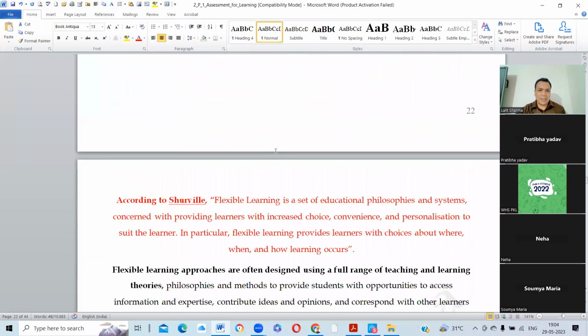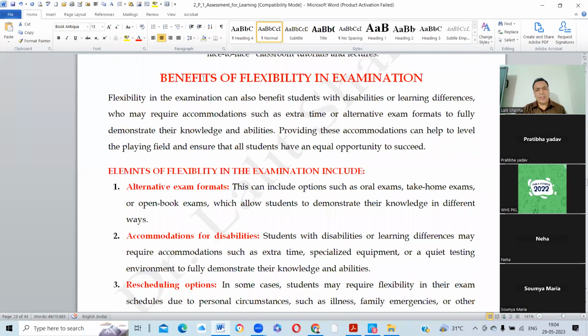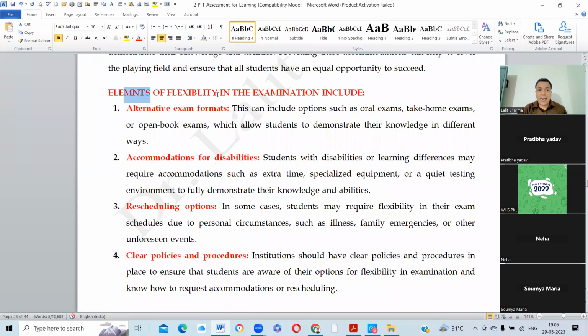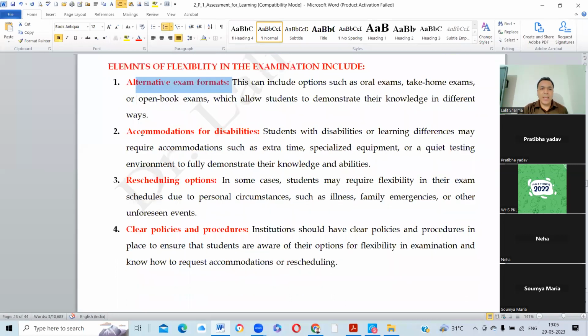So you can see that under the heading, look, these are all the benefits of flexibility in examination. Our question was flexibility in examination. What are the benefits of flexibility in examination? Look, under the elements of flexibility in the examinations, I have explained alternate exam format, accommodation for disabilities.